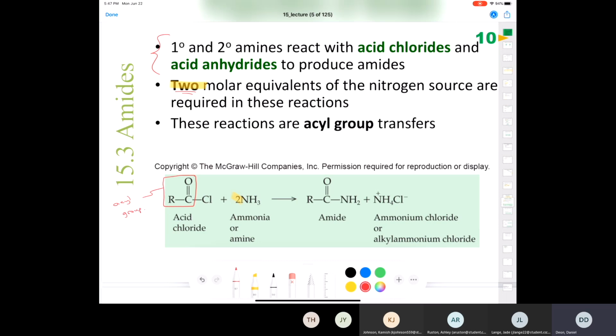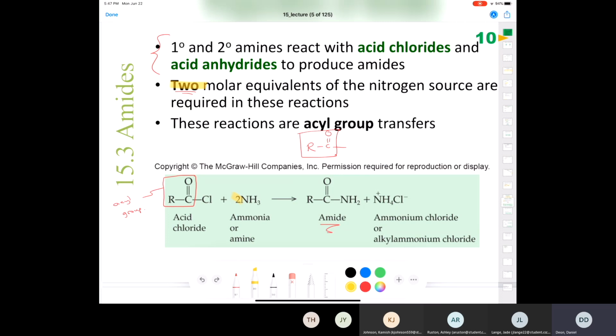I think I might have even asked that on an exam, but just in case you've forgotten, we'll write it out here as well. This is an acyl group. And think about it, what are you doing? When you make this amide right here, you're transferring this acyl group onto the amine to produce an amide.